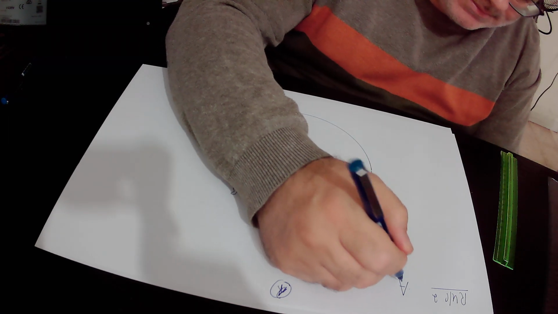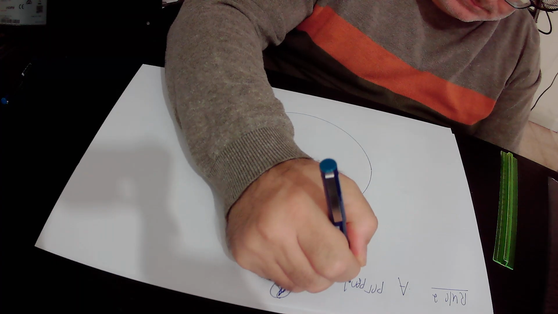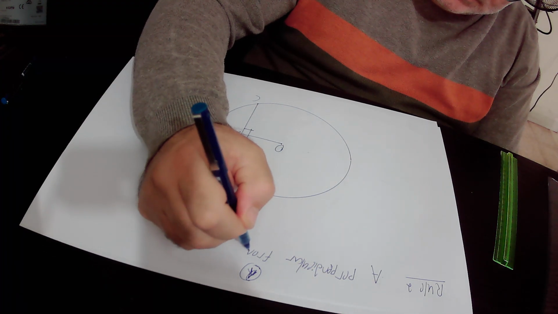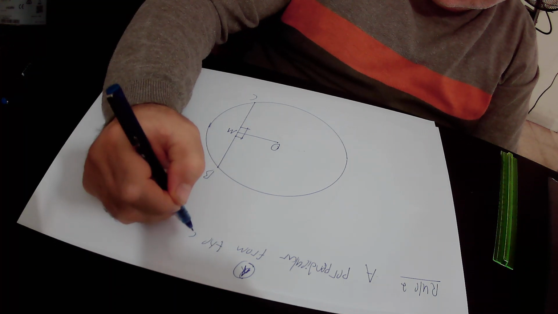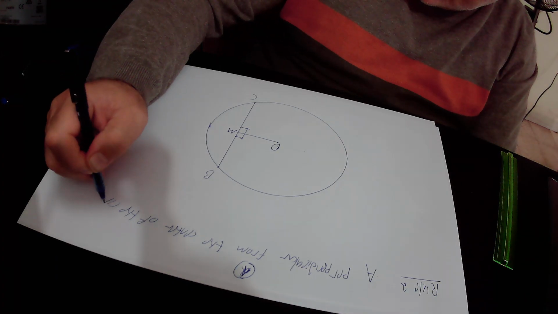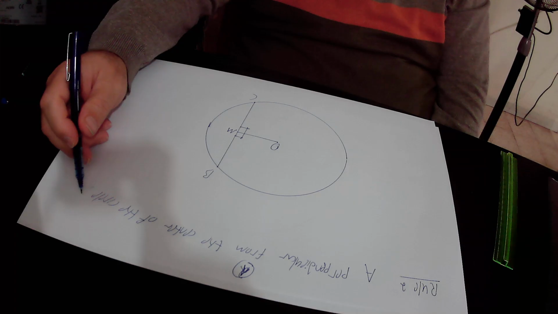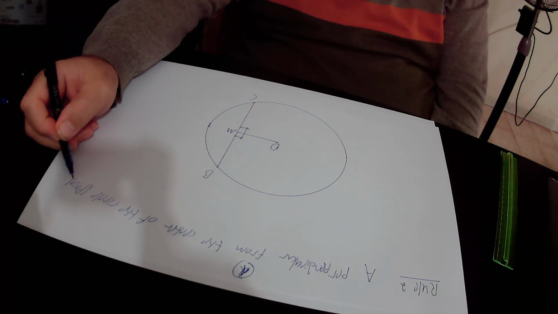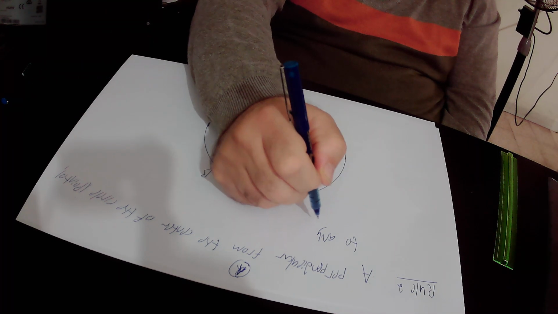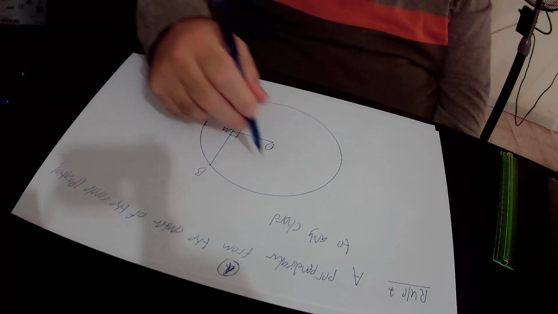A perpendicular from the center of the circle, in our drawing the center of the circle is at point O, towards any chord, here chord BC could be any chord, bisects the chord.